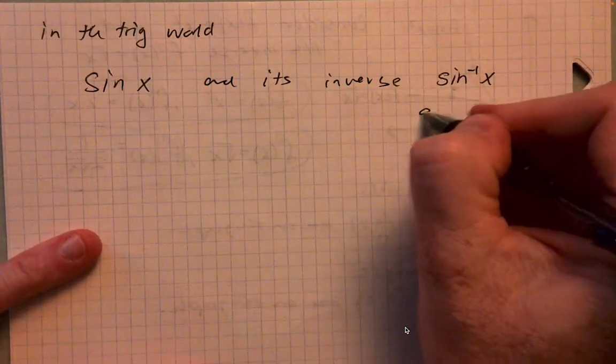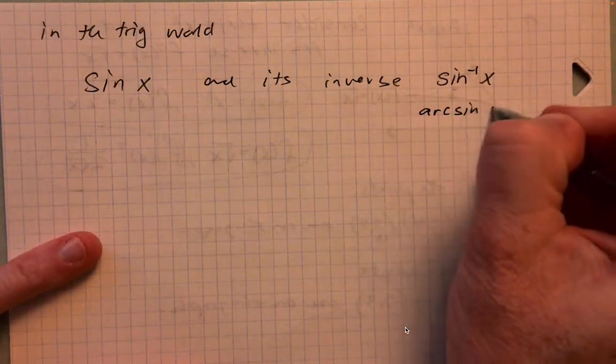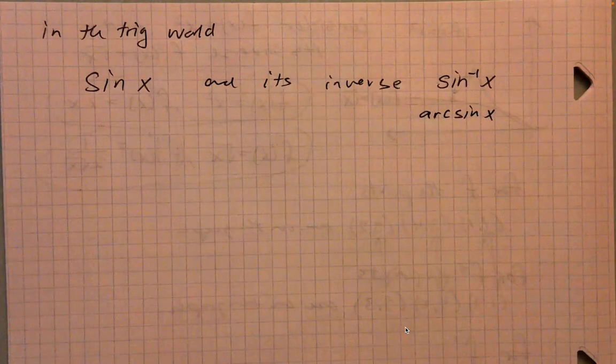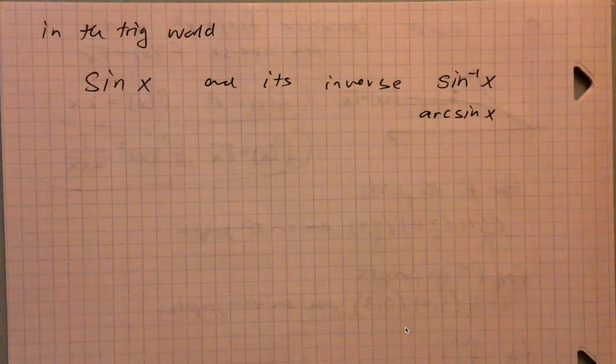You may also see, if you recall, arcsine, that notation. Right, so here we are talking about the inverse, the arcsine, not sine raised to the -1 power. Okay, so the question is, what is the derivative of the arcsine? What's the derivative of the inverse trig functions in general?